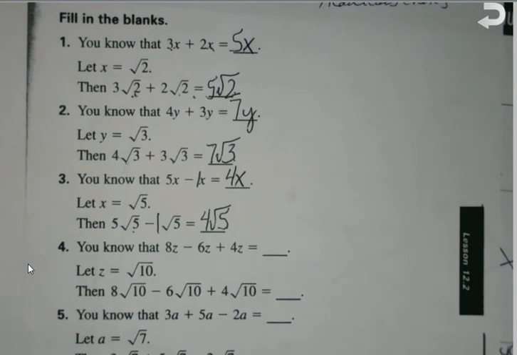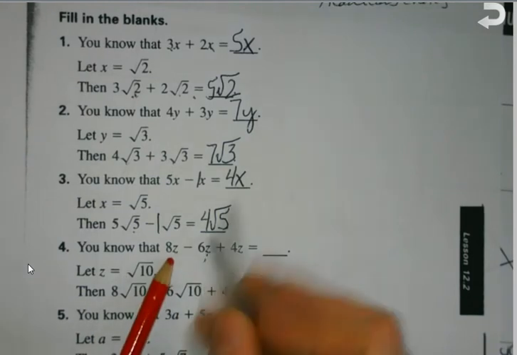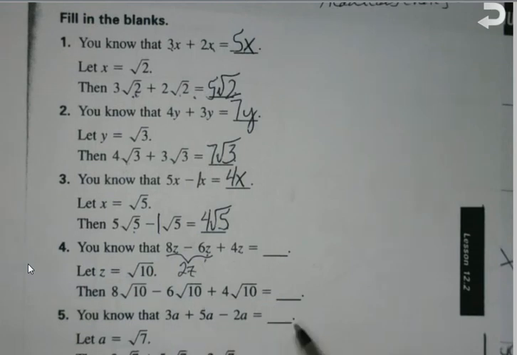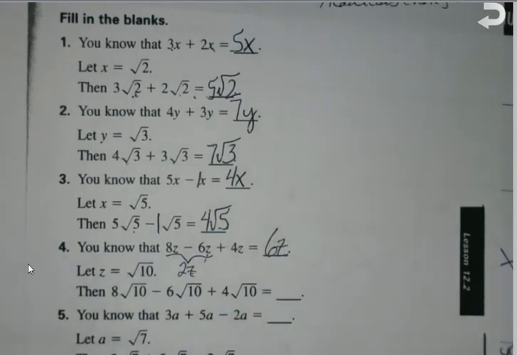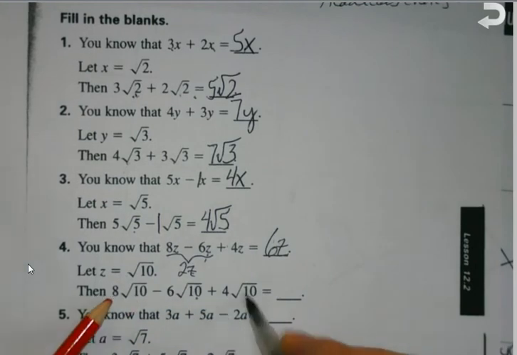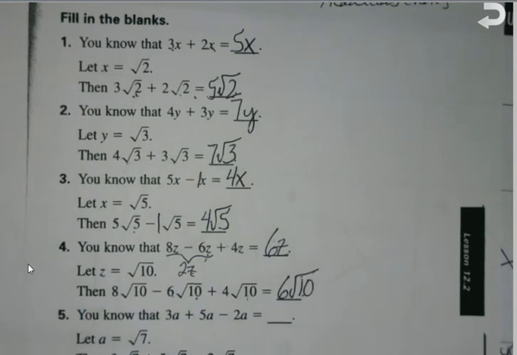If they get bigger, the same thing keeps happening, but I've got to watch the signs that are in front. 8z minus 6z, if I just did this part, would be 2z, plus 4z would get me back up to 6. It's the same thing with the radicals. Okay, as long as they're the same, 8 minus 6 is 2, plus 4 more is 6, square root of 10.